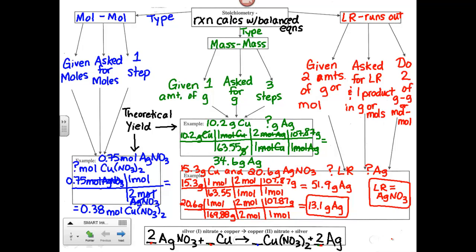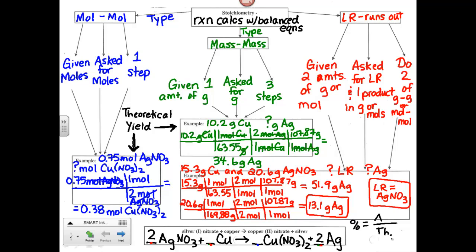You could also be asked to find the percent yield. And remember that the percent yield has the theoretical on the bottom. That comes from either a mass-to-mass problem or the mole-to-mole problem.